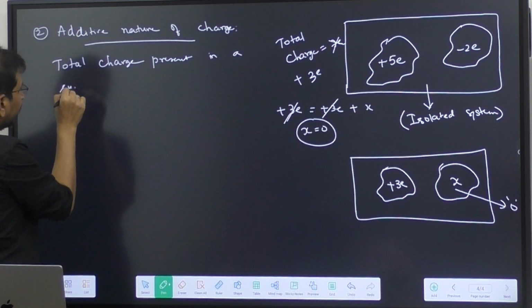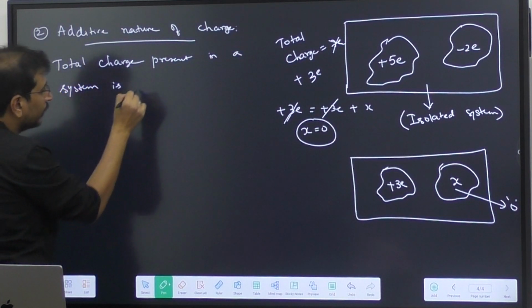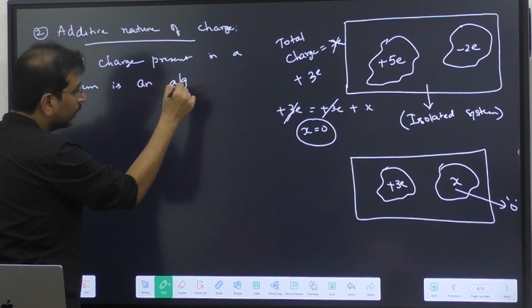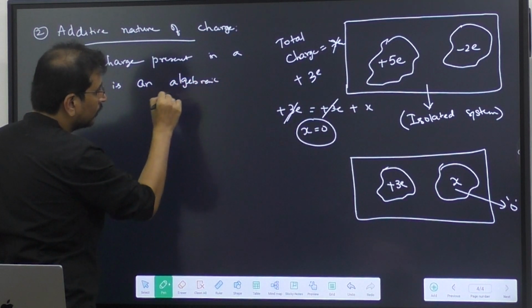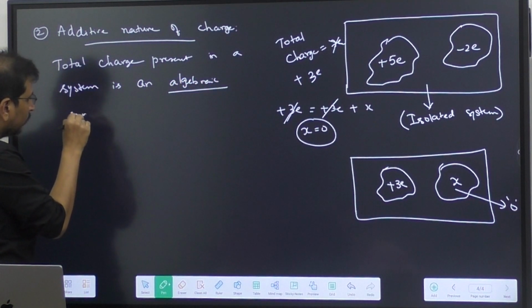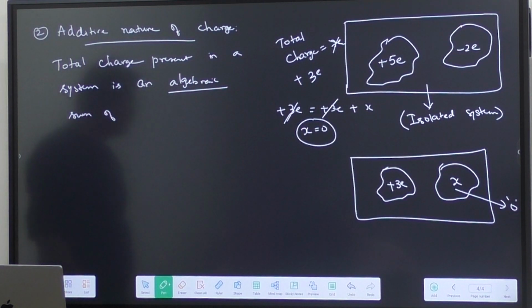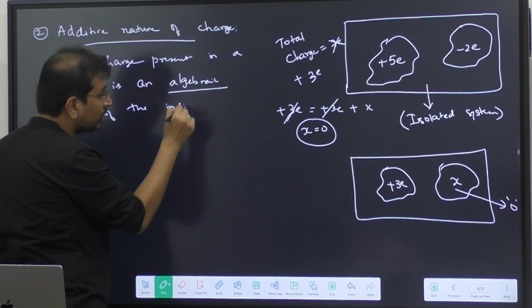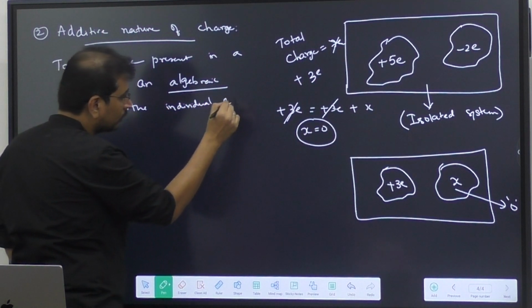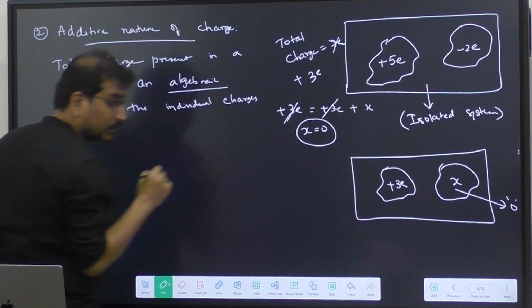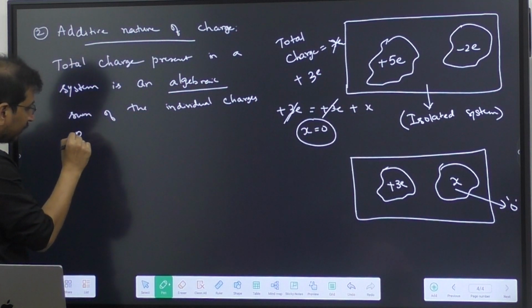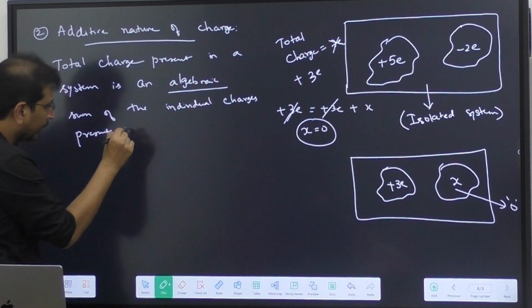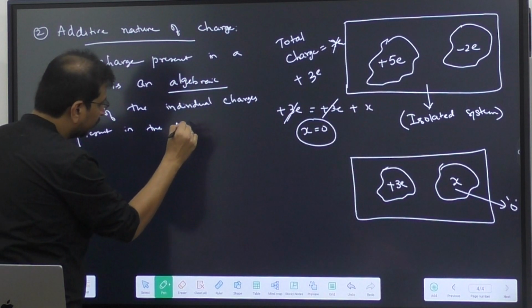Total charge present in a system is an, underline this word, algebraic sum of whom? Of the individual charges present in the system.